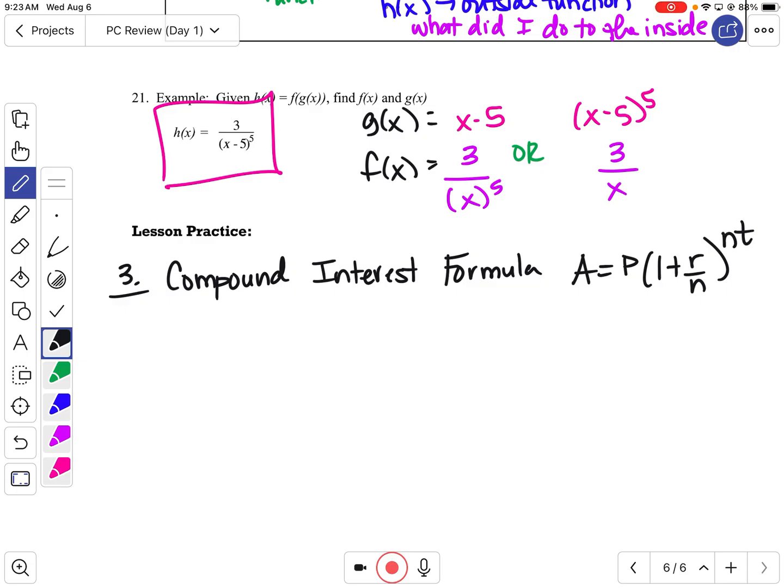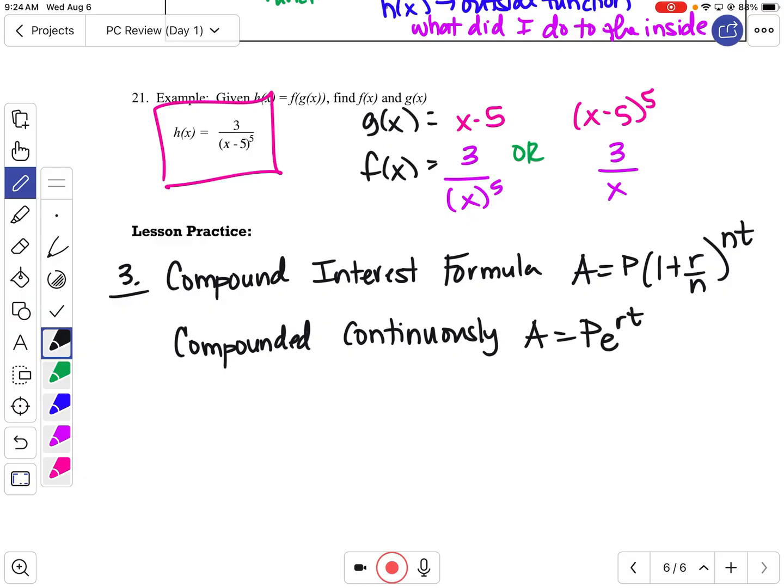R being our rate, N is our number of compoundings. So that's exponential. I don't think you need this one, but I'm going to give it to you anyway. Compounded continuously. We only use that when they say that word, continuously. That's P e to the RT, e being Euler's number.